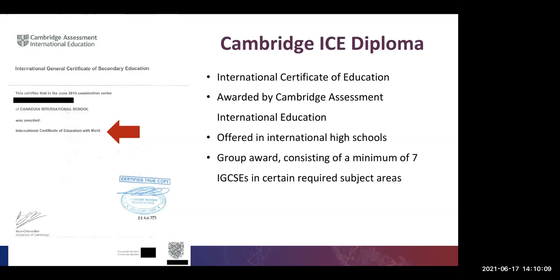So again, it's an award, but it's not comparable to anything. It's just a representation of the fact that somebody has met the 5 subject minimum and received this diploma. So please require to see the actual IGCSE exam results from the External Examining Board if you are presented with this diploma.